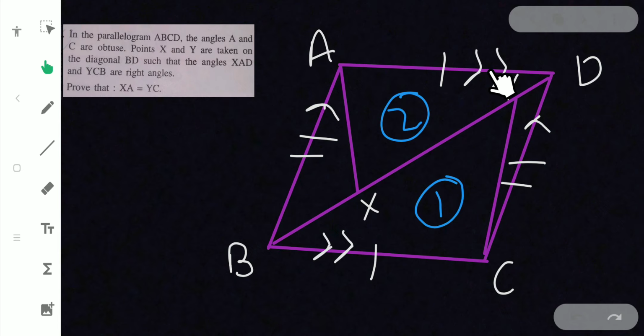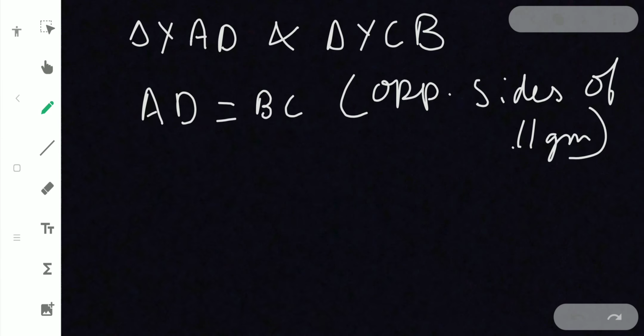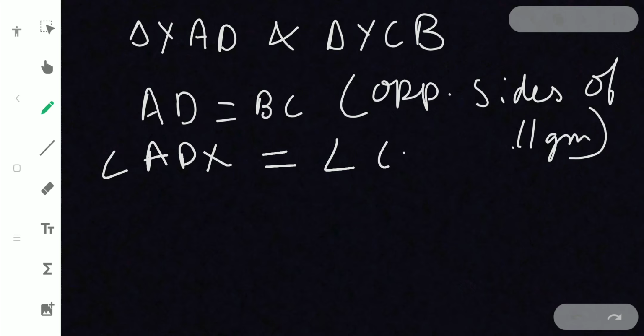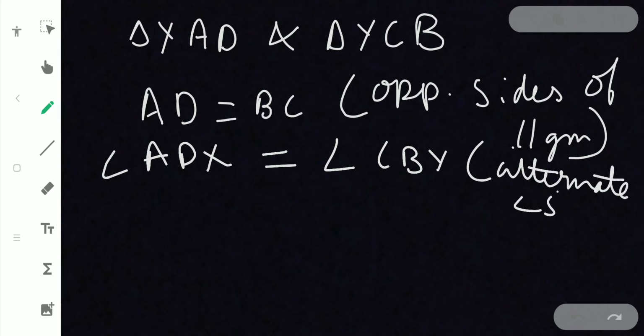So here our two parallel lines are AD and BC, and we will be having angle XDA and angle CBY. So I will write here angle ADX, or XDA, is equal to angle CBY. Alternate angles. So in bracket I am writing the reason also.